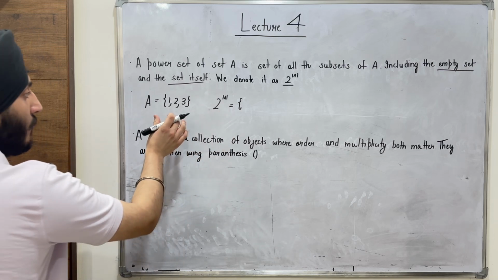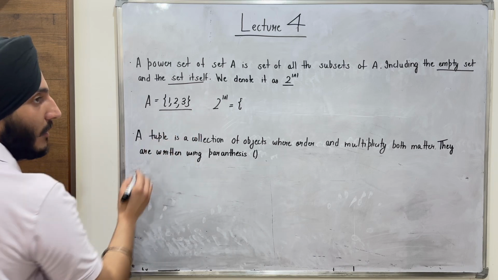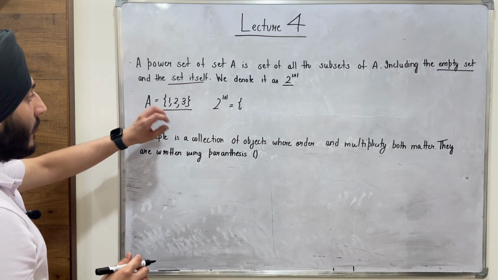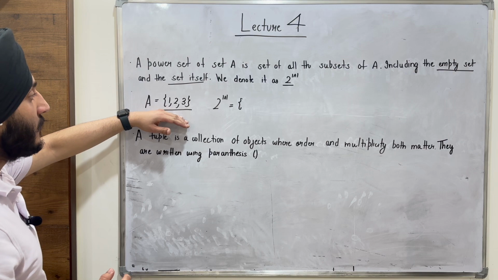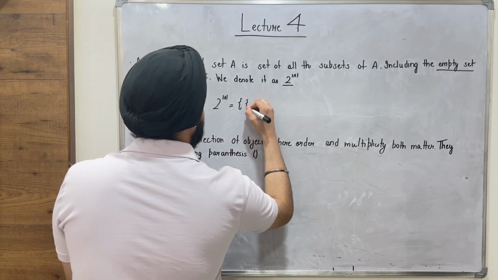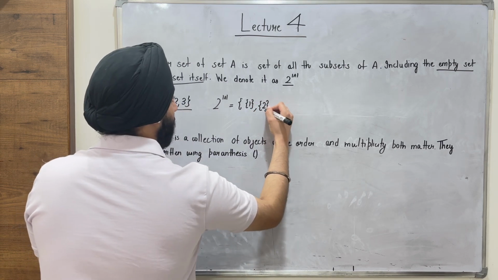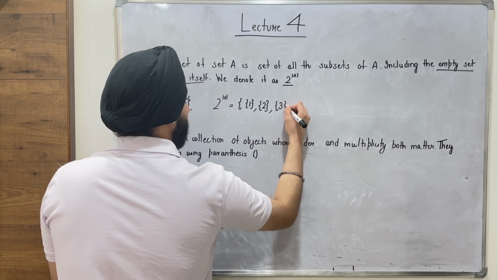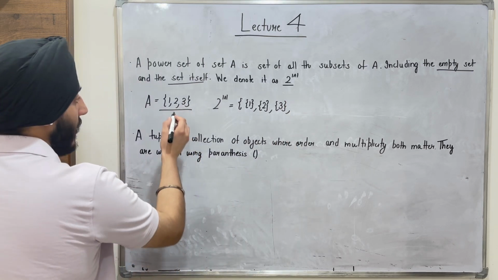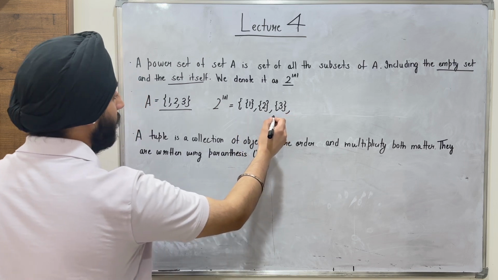I need to figure out all the possible combinations I can form over here. I'm going to start with forming the very simplest combinations, which is going to be the individual element sets. So it could be the set including 1, 2, 3, right? So I've formed the individual sets and I have got 3 subsets over here.